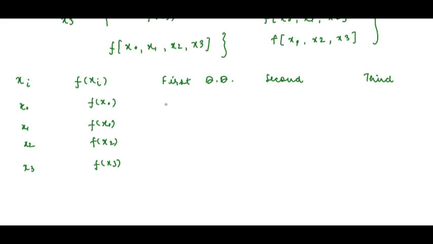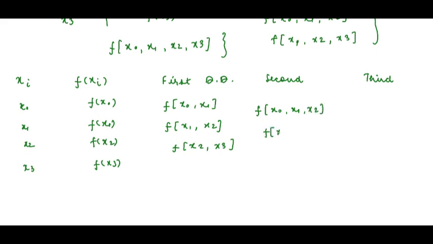In divided differences we get f[x0, x1], f[x1, x2], and f[x2, x3]. For the second divided difference we get f[x0, x1, x2] and f[x1, x2, x3]. And for the third divided difference we get f[x0, x1, x2, x3]. The top entries of each column are the coefficients we will use in the Newton interpolation polynomial.